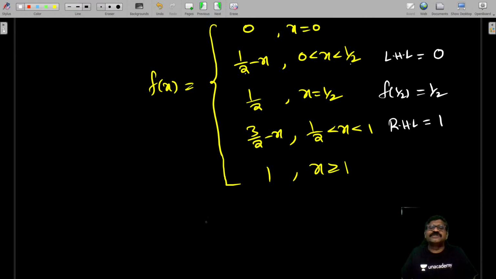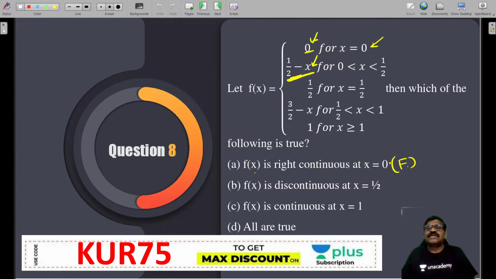Left hand limit is different from right hand limit, which is different from functional value at 1 by 2. So at x equal to 1 by 2, the function is discontinuous. So this statement is true. Second statement is true. F of x is continuous at x equal to 1.